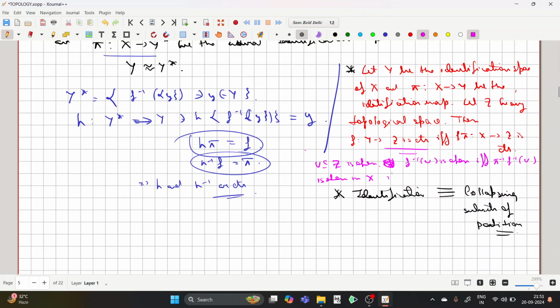And this is if and only if (f∘π) inverse of U is open in X, and we are good to go. The proof is fairly simple. Clear? Okay.